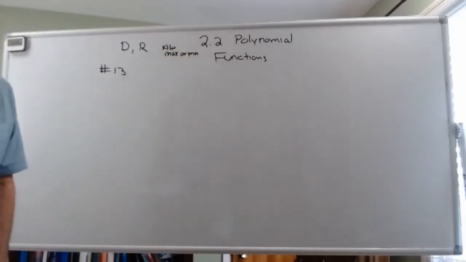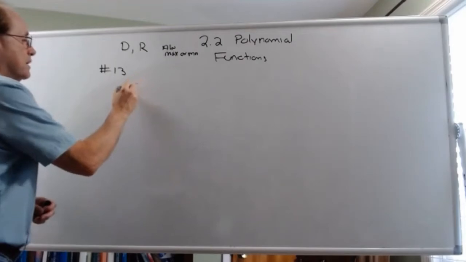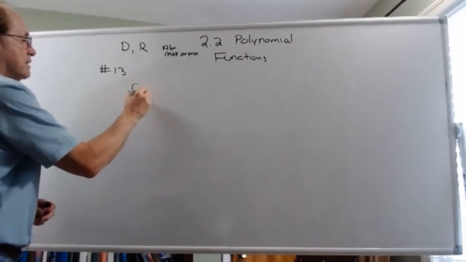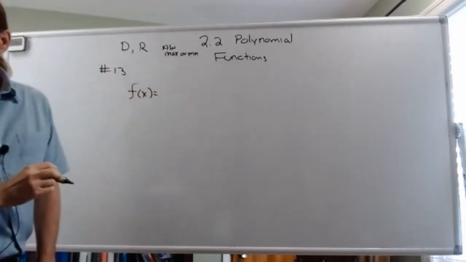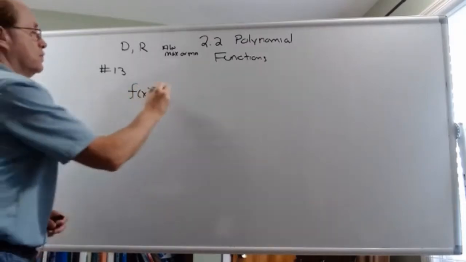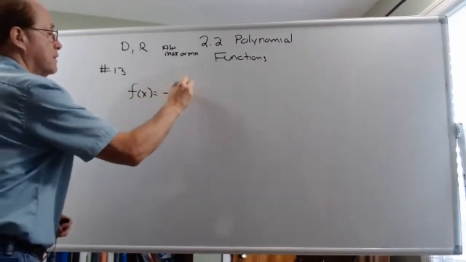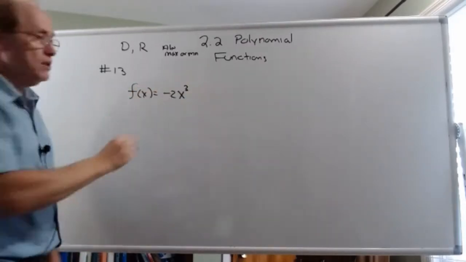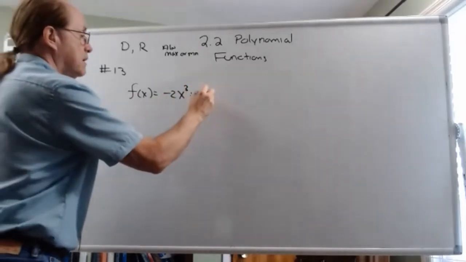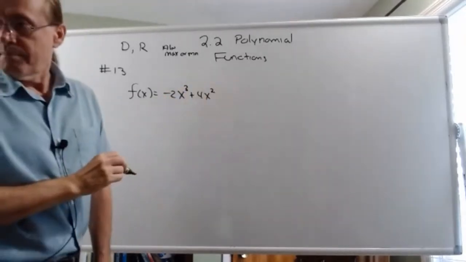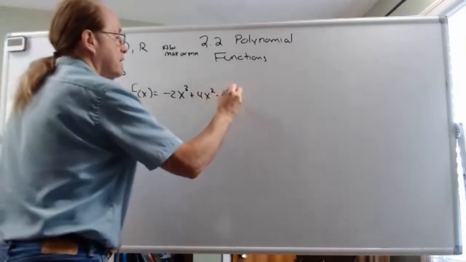Since this is an odd degree polynomial function, my f of x looks like this: negative 2x cubed plus 4x squared minus 2x plus 9. Now, later on in the course, we're going to analyze this in greater detail.